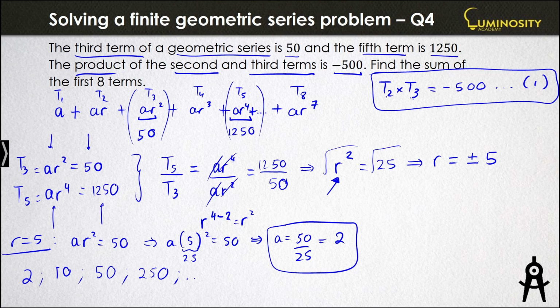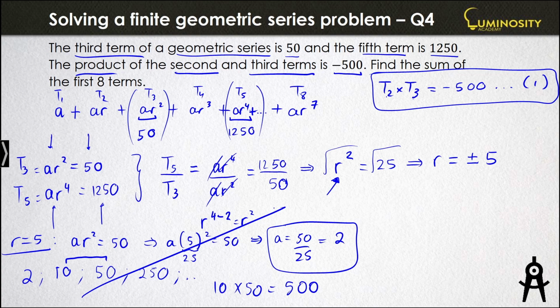So here's my T2 and T3, 10 and 50. But when I multiply those two, I get positive 500. But they told us the product of the second and third term is negative 500. So therefore, R equals 5 is not a valid solution. This must mean that R equals negative 5 must be the solution here.